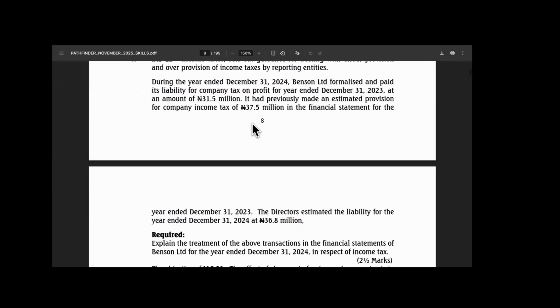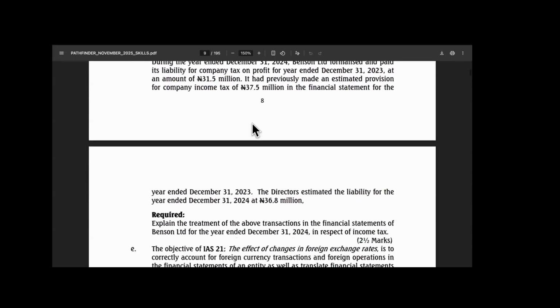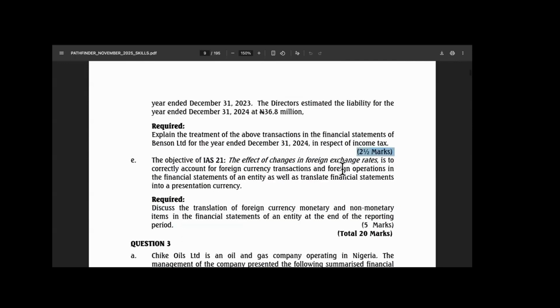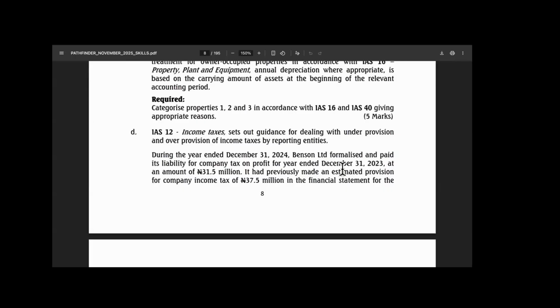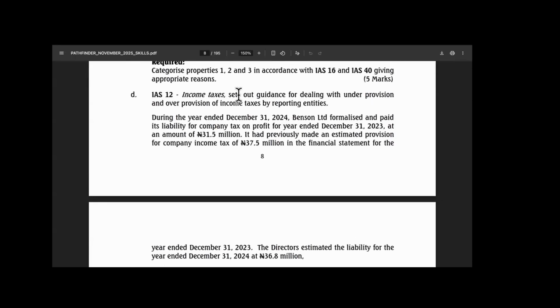Now, this was the last diet question, and it was just for 2.5 marks. That shows you how simple it is. So this says that income taxes set out guidance for dealing with under-provision and over-provision of income taxes by reporting entities.